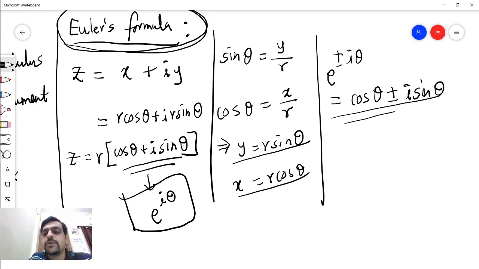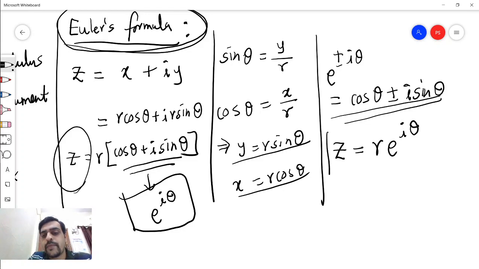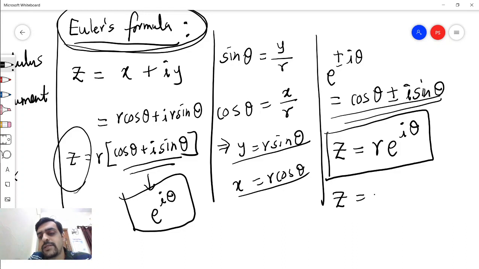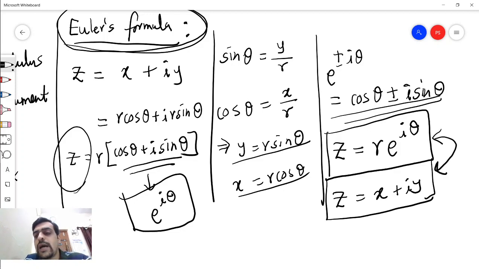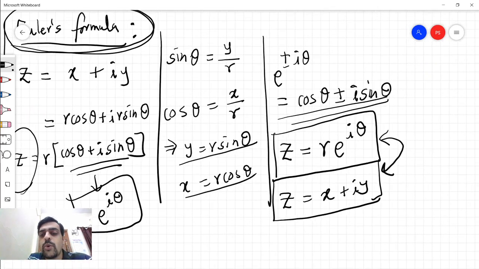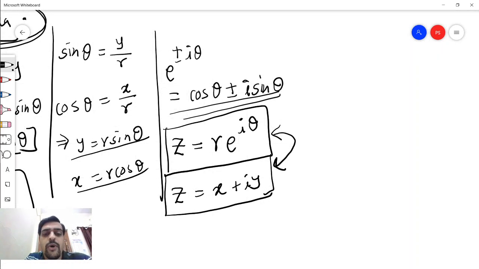So if we use this Euler's formula, z can be written in short as z equals r times e raised to i theta. So the same number which was earlier expressed as x plus iy with the help of Cartesian coordinates can now be expressed as r times e raised to i theta with the help of polar coordinates. So these two forms are totally equivalent.